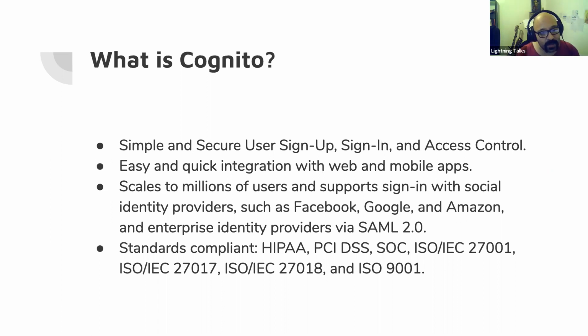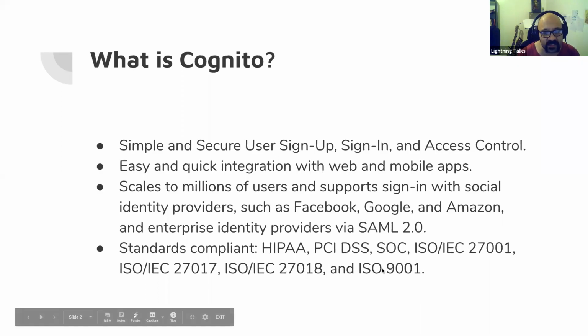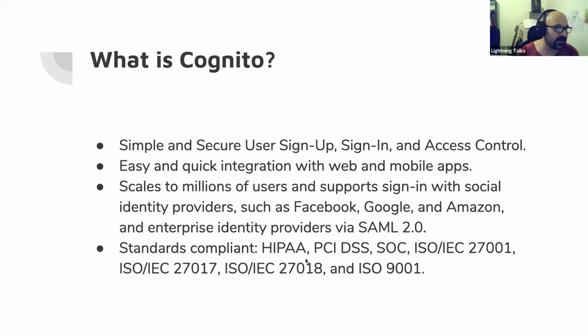And it's standards compliant. So if in your application, let's say you have to implement a security access like ISO or HIPAA or other security standards, you can certificate those by using Cognito because it's compliant to all those standards.